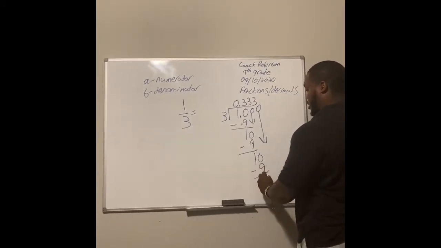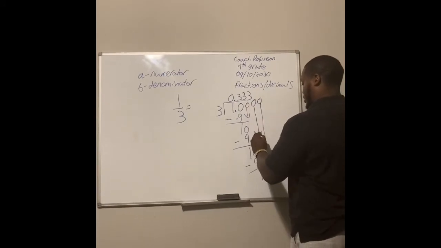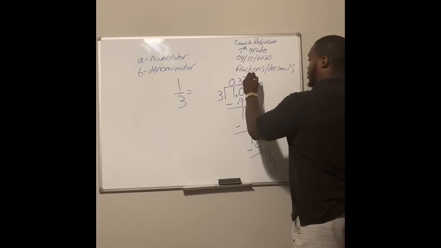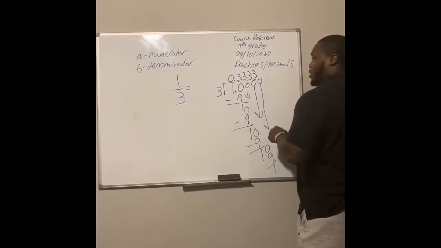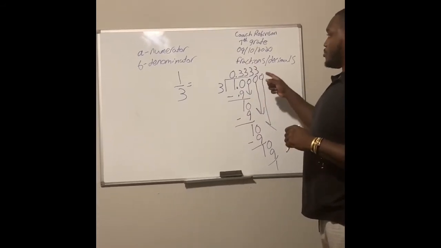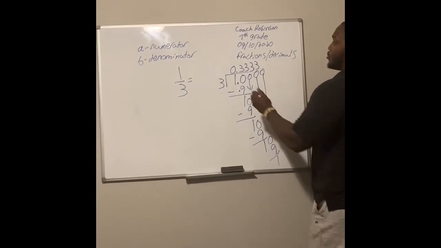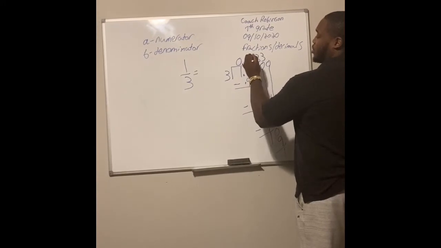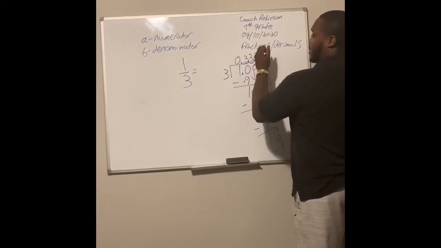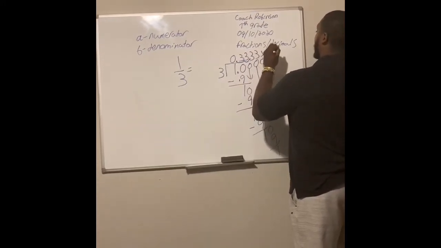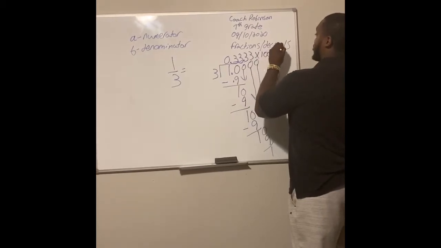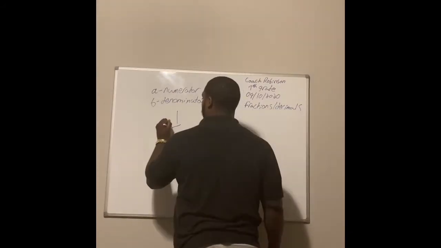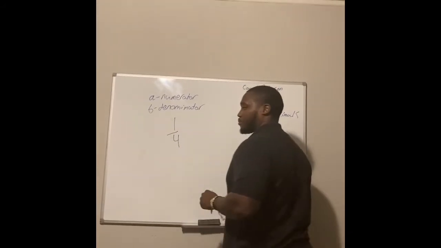You'll just be doing the same problem all over again because it's a never ending problem. Alright, so that's why. So if I want to turn this into a percentage, I would either move the decimal 1 or 2 places, or I can times it by 100 and do the same thing and get 33.33%.